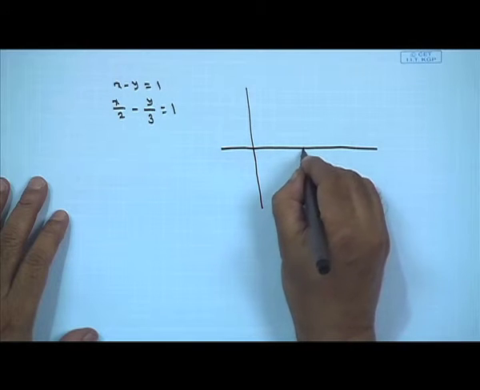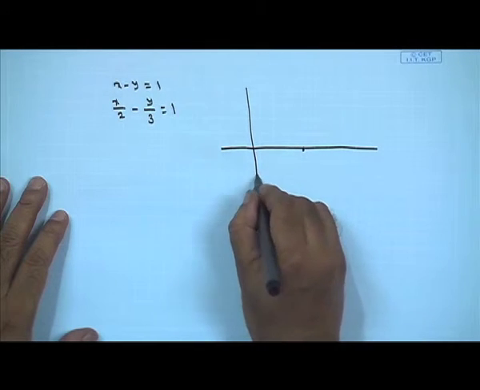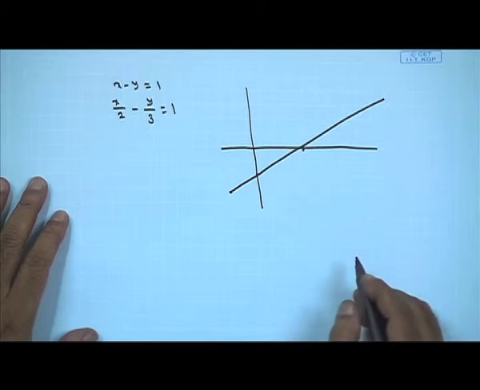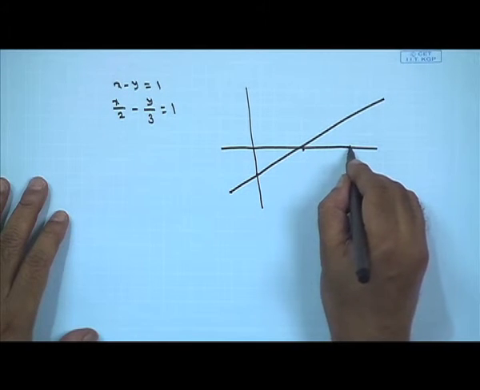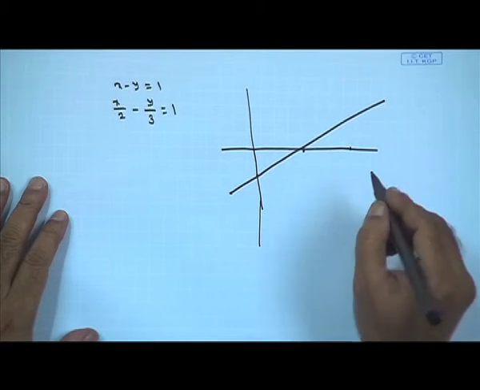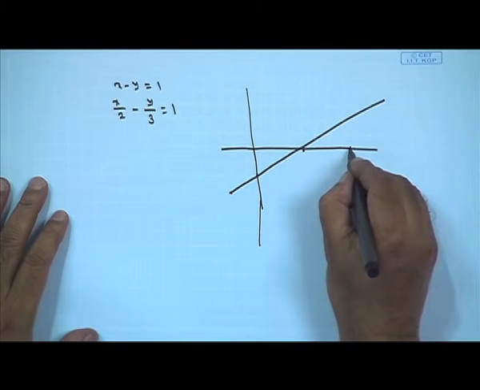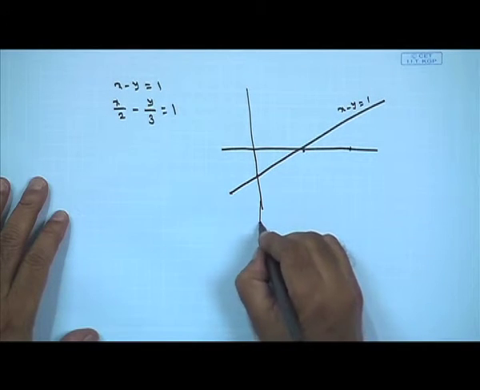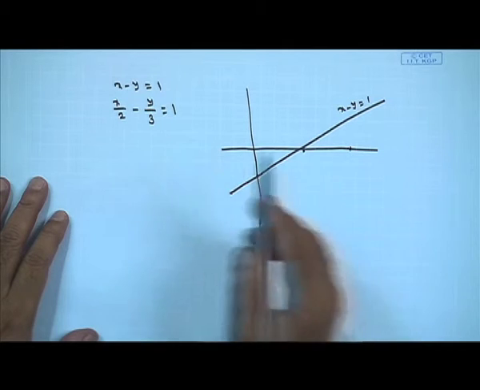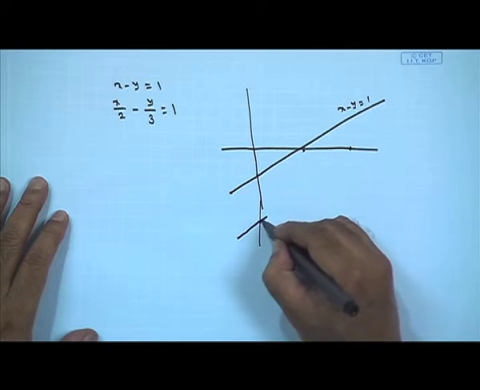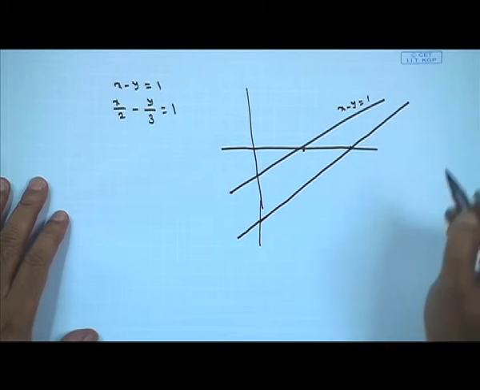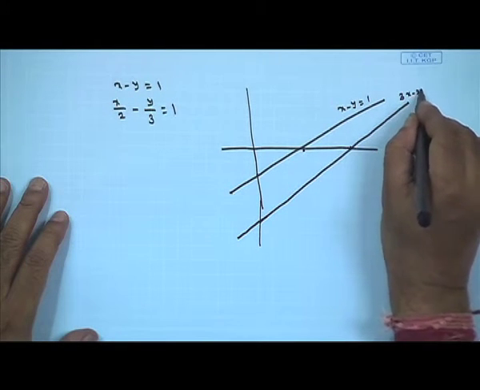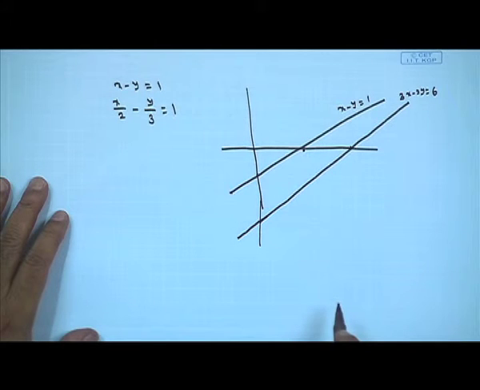So, if you try to draw this, if this is the point (1, 0) and (0, -1), one line will go like this, and there will be another one at (2, 0), and this is the line x minus y equals 1. There will be another point at (0, -3), which is the line 3x minus 2y equals 6.